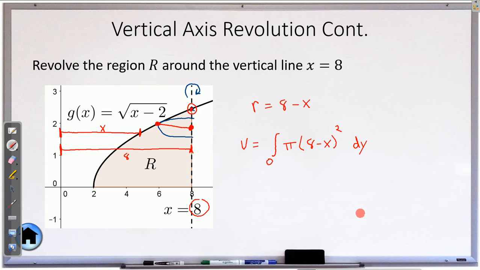All right, we have to get rid of x. Okay, so if our function is y is equal to the square root of x minus 2, I think it's the same one as last time. Square both sides, add 2, so that x is equal to y squared plus 2. Now here's where you have to be careful. We're doing 8 minus all of that. So I'm going to use all the parentheses here, but hopefully you can see how the negative will need to distribute.